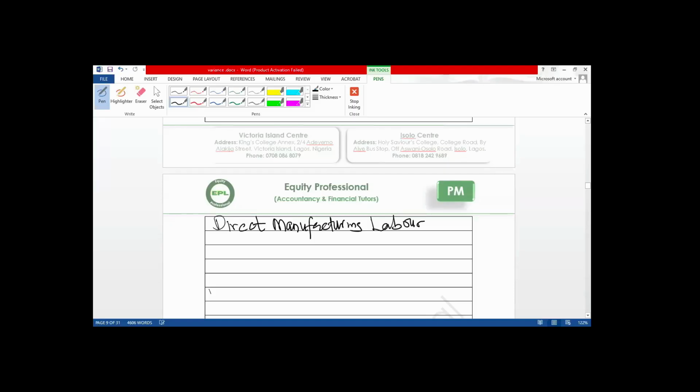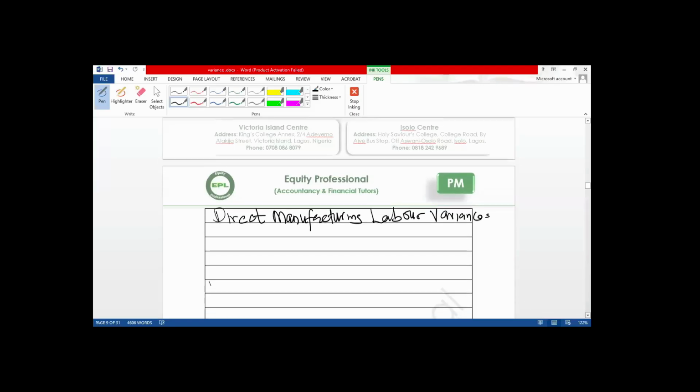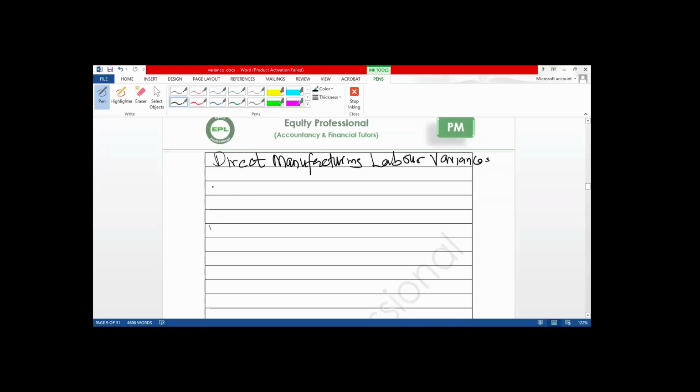Labor variance. Again, you can divide this into 2. You have direct labor rates variance, where the actual labor rate is not the same as the standard labor rate.